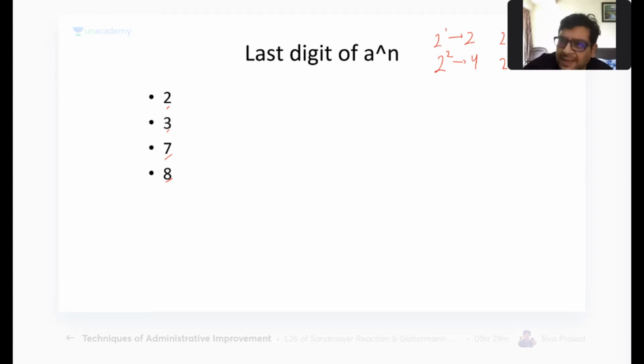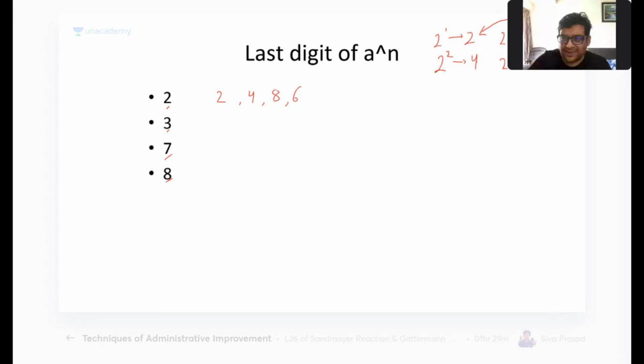And after 16, if you multiply 16 with 2, what happens? 16 into 2 is 32. So after this, you come back here, and the cyclicity comes out as 2, 4, 8, and 6. So that's the cyclicity for 2.